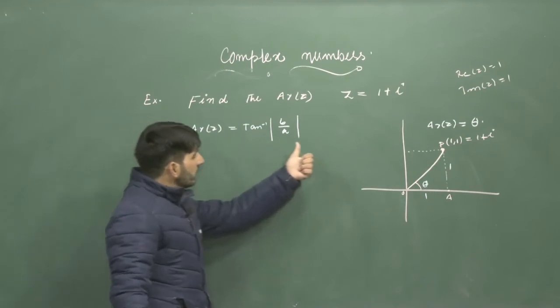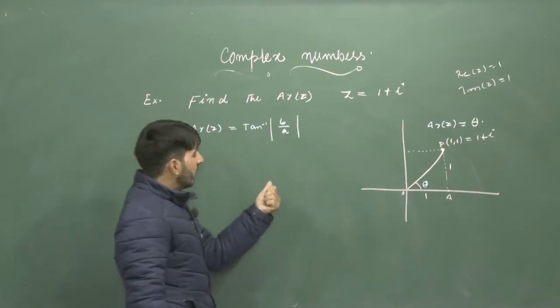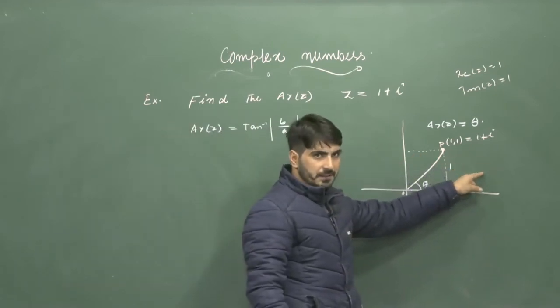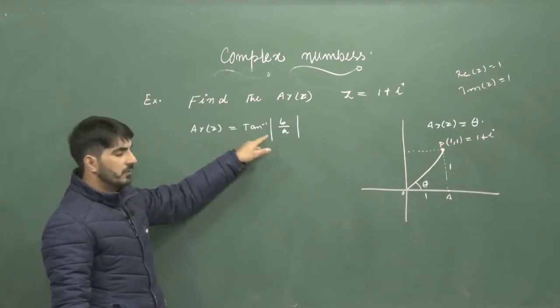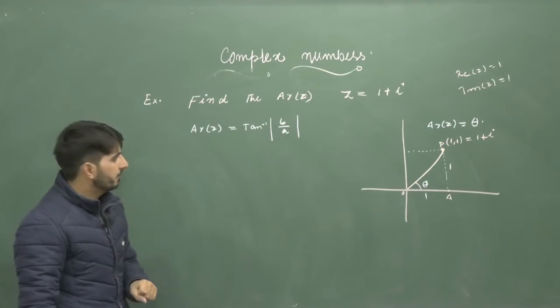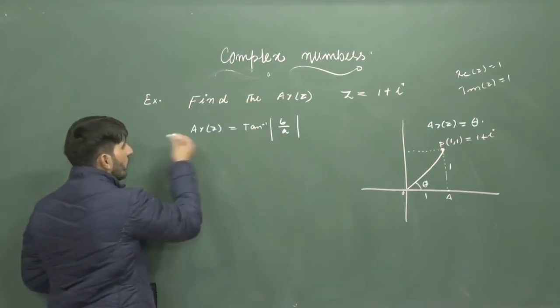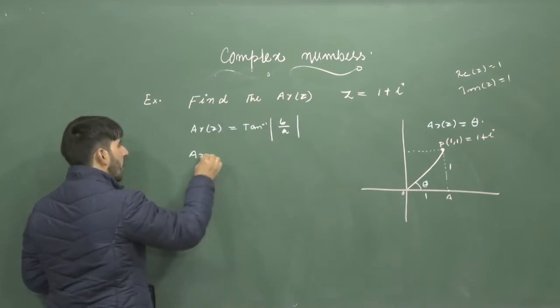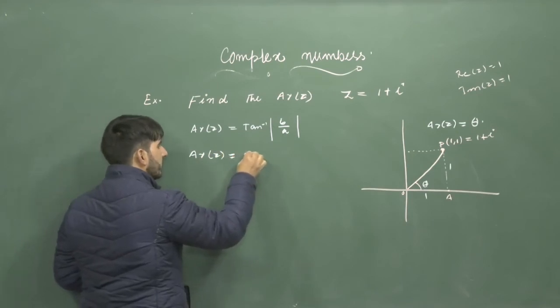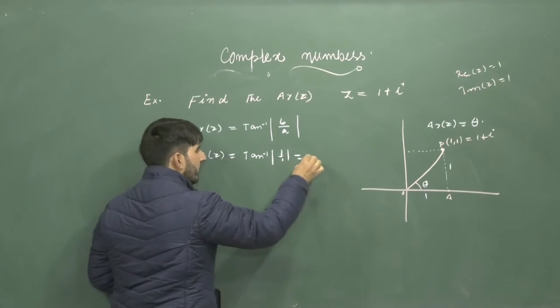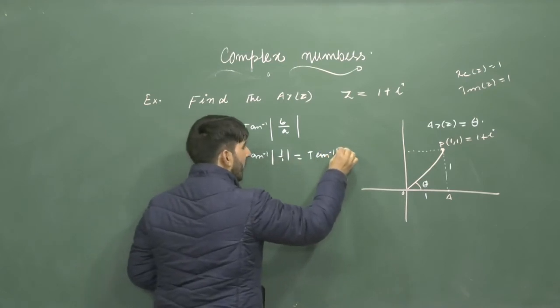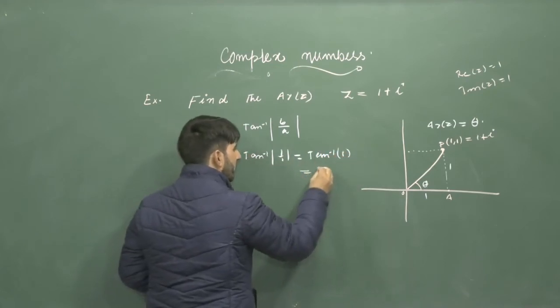If the complex number lies in the first quadrant, then its argument is tan inverse of modulus of b by a. So here the argument of z is tan inverse of 1 upon 1, which is tan inverse of 1, which is pi by 4.